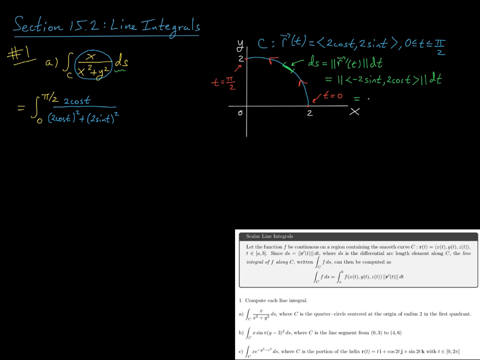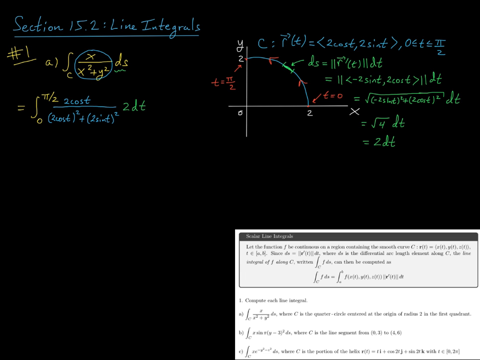And now the magnitude of this vector is the square root of minus 2 sine t quantity squared plus 2 cosine t quantity squared, and then I have my dt. And this simplifies a lot, right? This is just 4 sine squared plus 4 cos squared. So that's going to just give us the square root of 4, which is going to all then simplify down to just 2 dt.